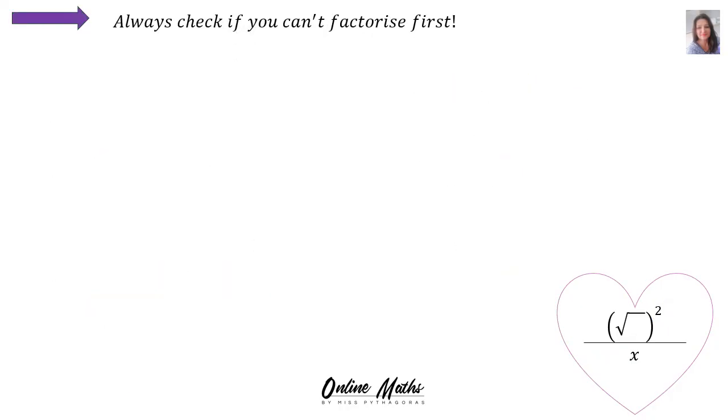The last tip that I want to give you is always check if you can factorize first. So when I give you find the derivative with respect to t, and then I give you t squared minus 25 over t minus 5, do you agree on the numerator, that means the top, you can see that that's the difference of two squares.